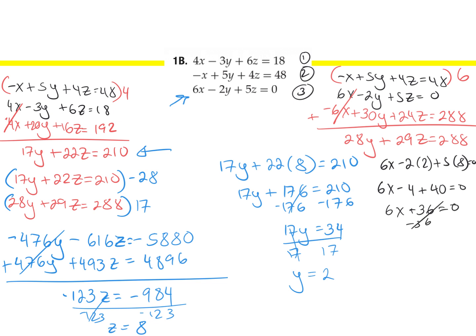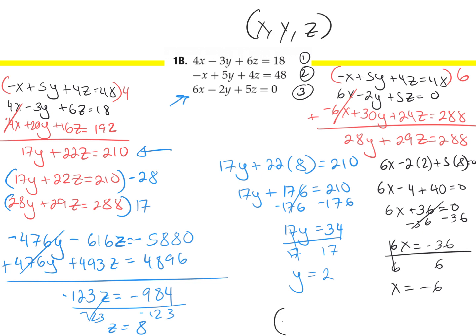I'll subtract 36 on both sides. I'll get 6x is equal to negative 36. I'll divide by 6 on both sides and get x is equal to negative 6. Again, your answer is in the x, y, z form. So my answer is going to be negative 6, comma 2, comma 8. This will be my final answer.